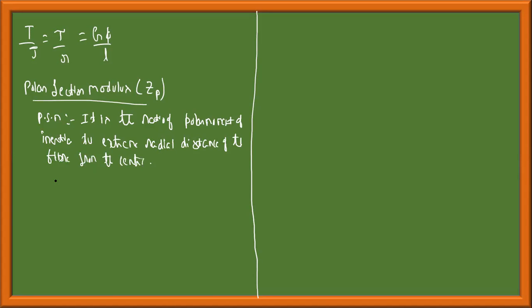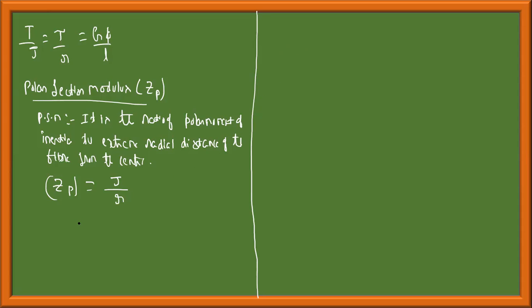It means to say that polar section modulus Zp for a cylinder is the ratio of polar moment of inertia, which is J, to the extreme radius. Extreme radius from the center is nothing but R, the radius.